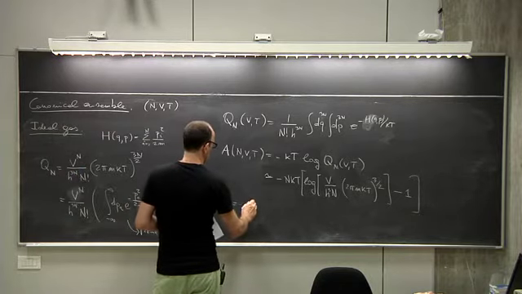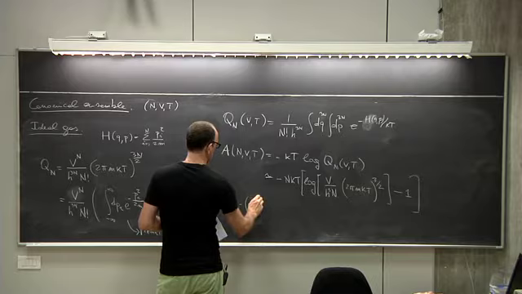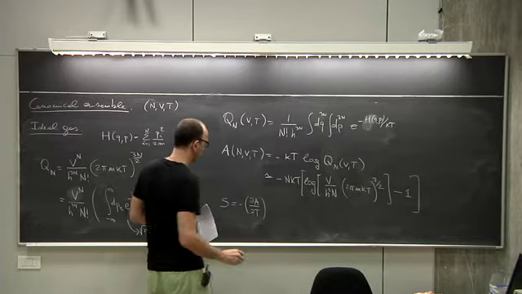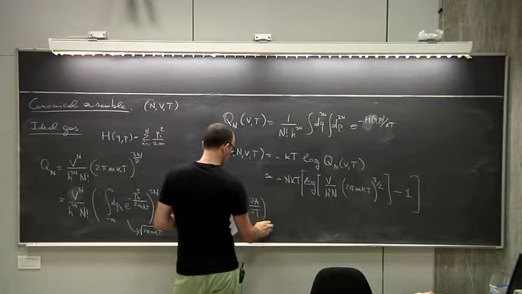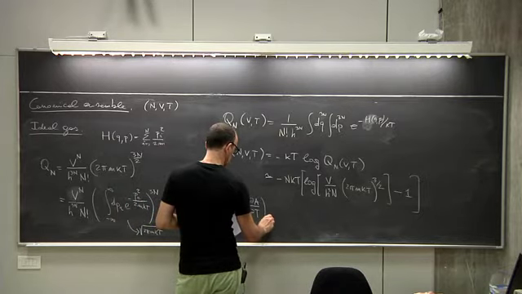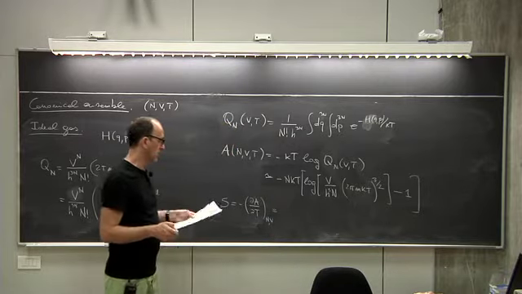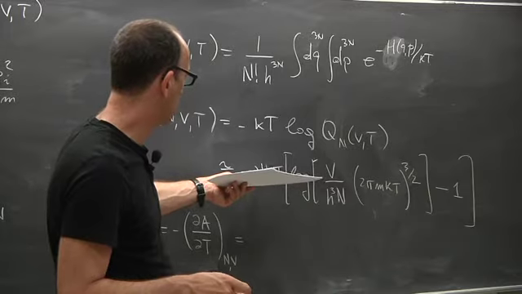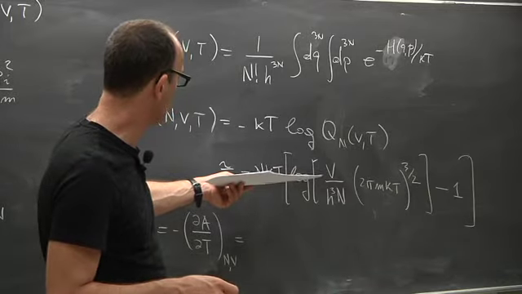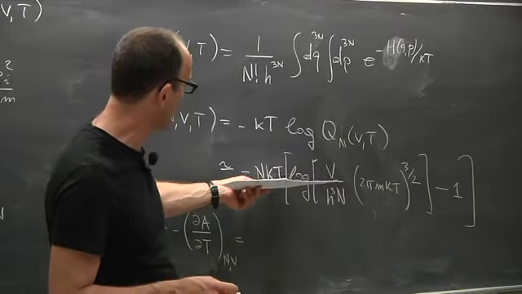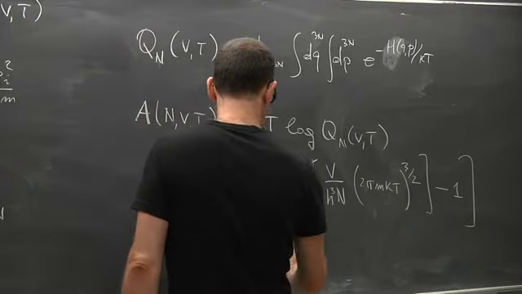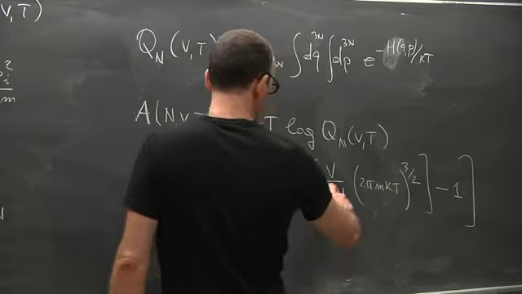So for example, you can check that if you compute minus the derivative of A with respect to T at N and V constant, what do you get? You get two terms. You get one term where you take the derivative here. This is minus Nk times all of this.